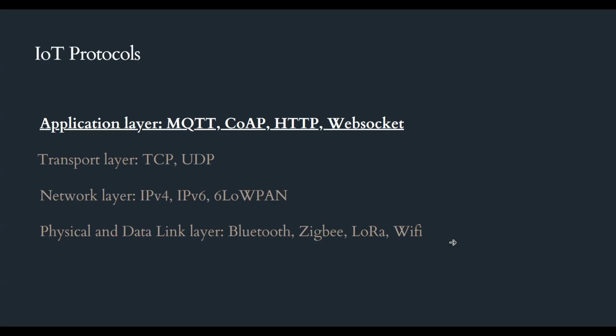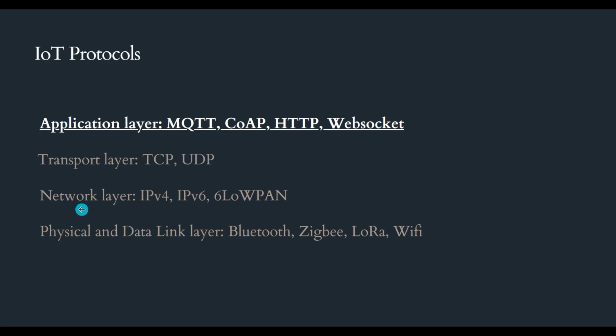We have talked about the physical layer and data link layer protocols such as Bluetooth, Zigbee, LoRa, and Wi-Fi in the last lecture. We talked about the specifications and what standards they are working on and so on.